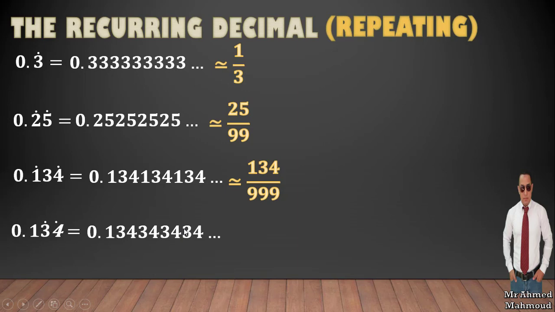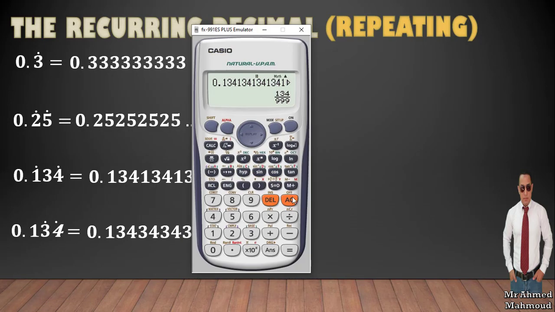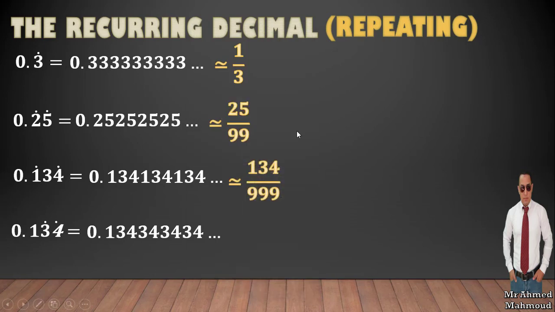I'm going to write it in the calculator until the appearance of the black arrow. It will equal 133 over 990. Okay, like this. Let's solve the next question.